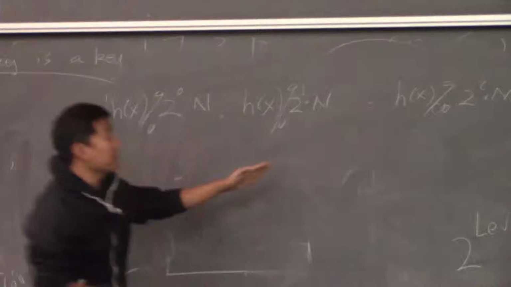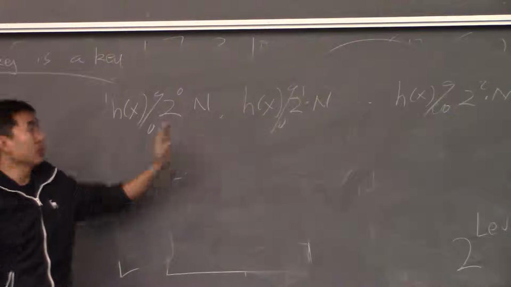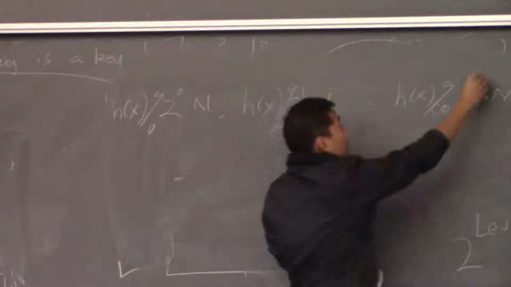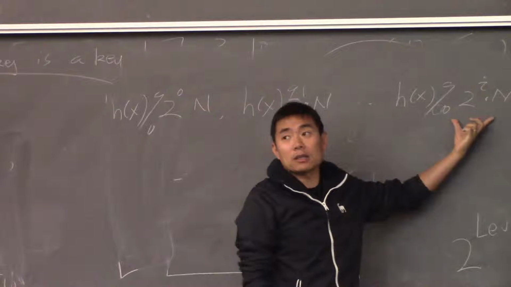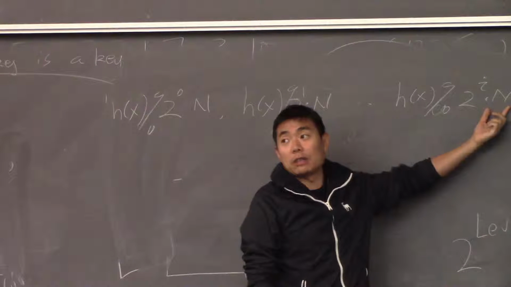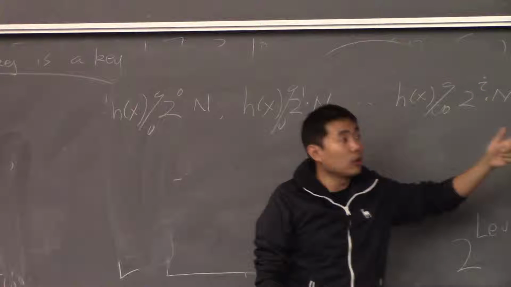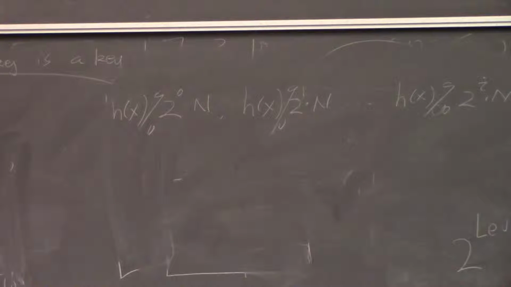So that's the hash family we use: level 0, level 1, level i. Right? So at level i, how many buckets do we have? We have 2 to the power of i times n buckets. Now, those are your green buckets.